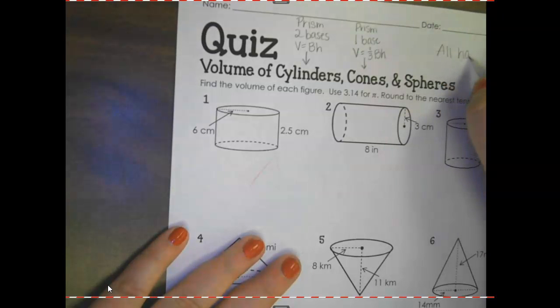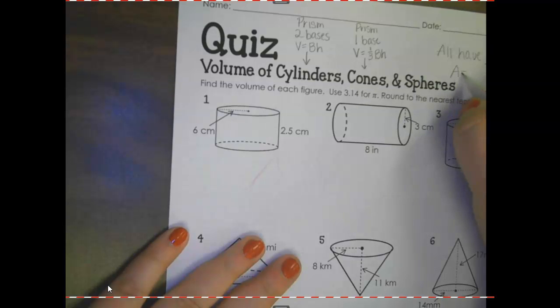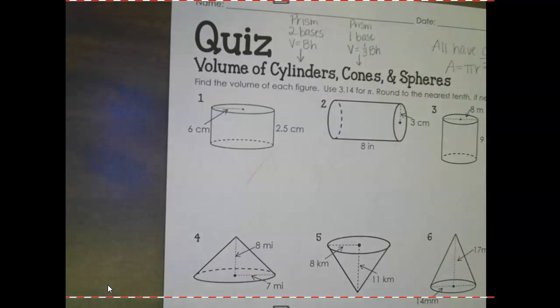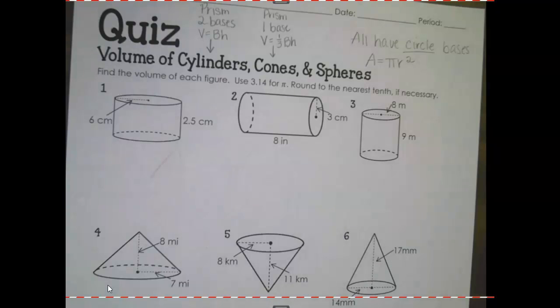All right, all of these have circle bases. Our area for a circle is pi r squared. Okay? All of these are going to have circular bases, not the spheres because we're not looking at the spheres, but cylinders and cones are both going to have circular bases.